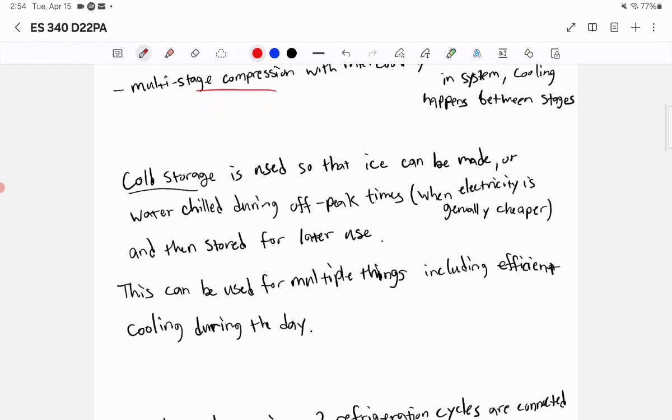So the cold storage, you can still use the traditional vapor compression system. But the use case, to make it as efficient as possible, economically speaking, is that you will first cool the water, make ice, whatever it is that you want, but you'll do that during off-peak hours.